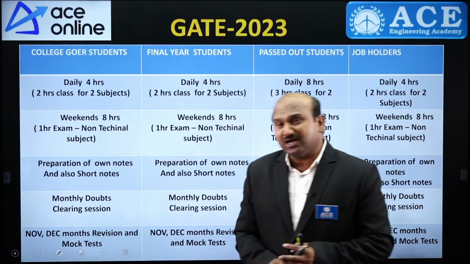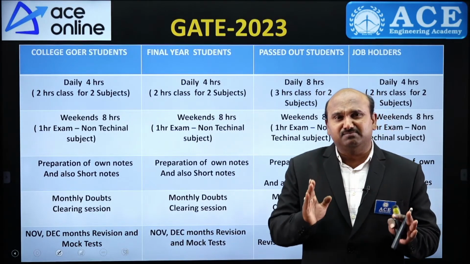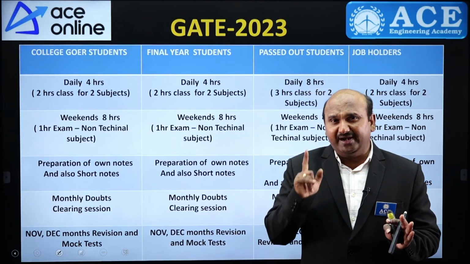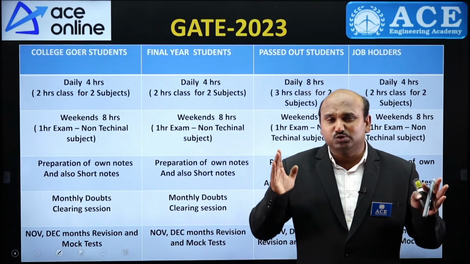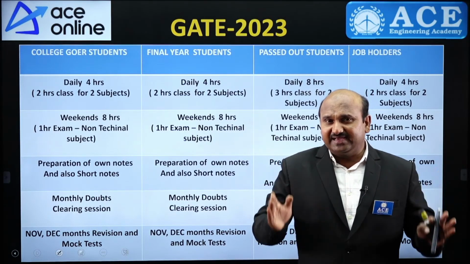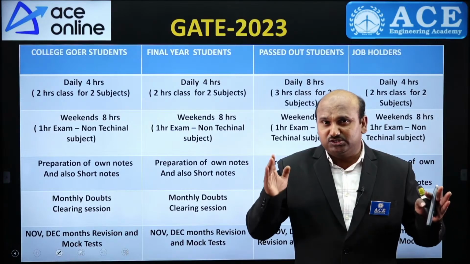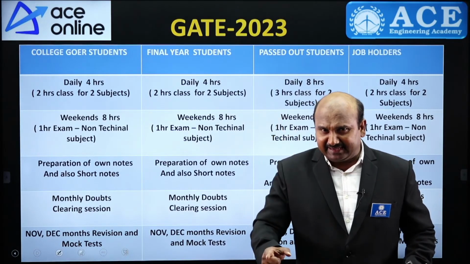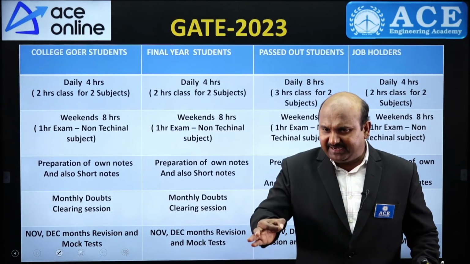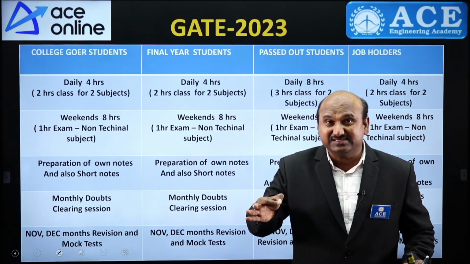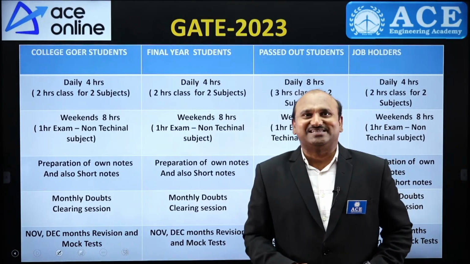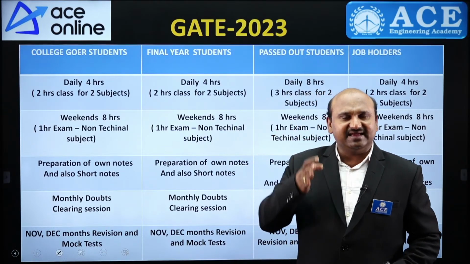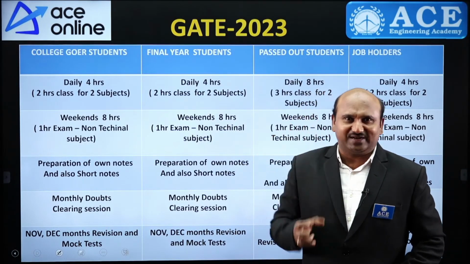And coming to November, December, you should complete the entire syllabus by the end of October. Those who are preparing for GATE 2023 or ESC 2023, by the end of October you should definitely complete your course, at least the technical subjects. If you complete the technical subjects, then definitely you will get a good rank.